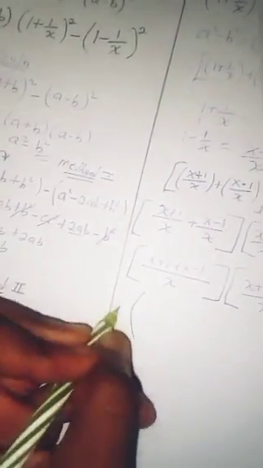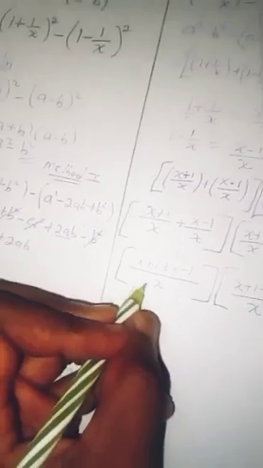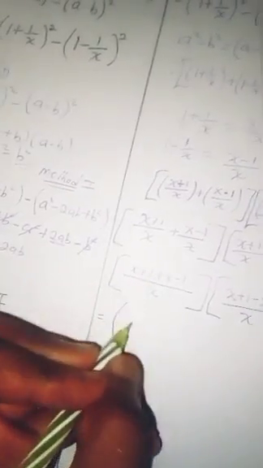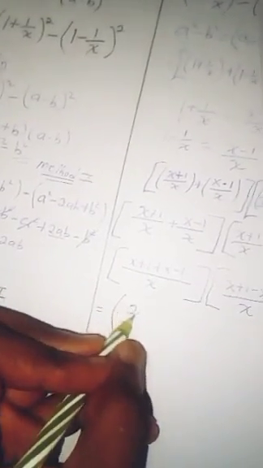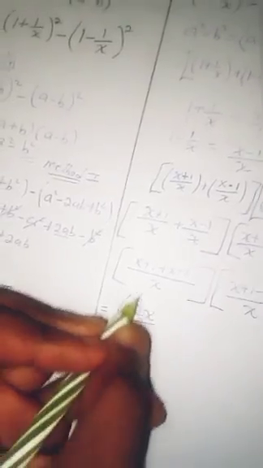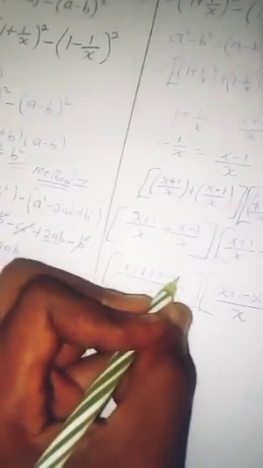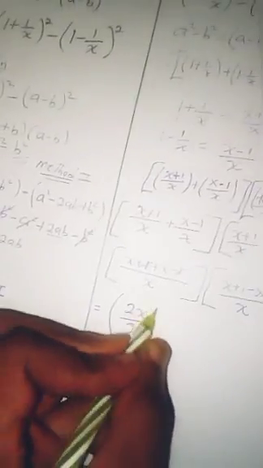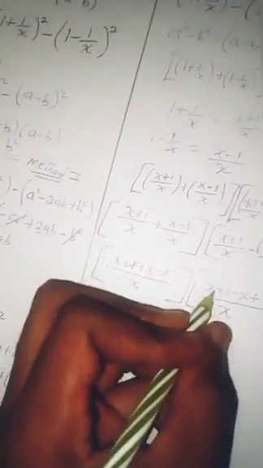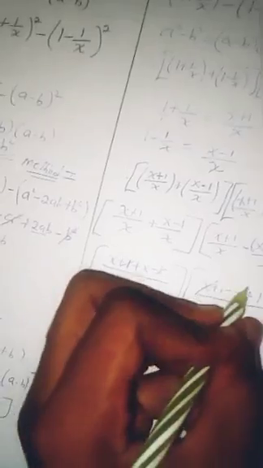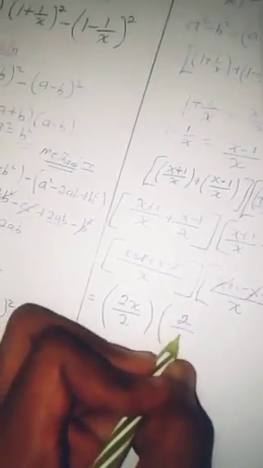In our first one, x plus x is 2x over x, and 1 minus 1 cancels out to 0. For the second, x minus x cancels, and 1 plus 1 is 2, so 2 all over x.